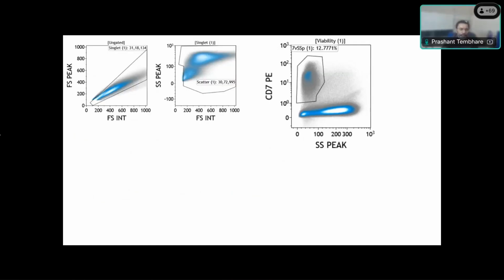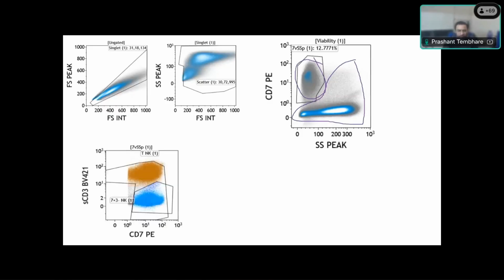As I show you, we first identify singlets, then we remove non-viable cells, and then we identify these T cells by using surface CD3. And the cells which have very high side scatter are removed because we know that these are doublets or non-specific binding of CD3, because TLL does not show high side scatter.